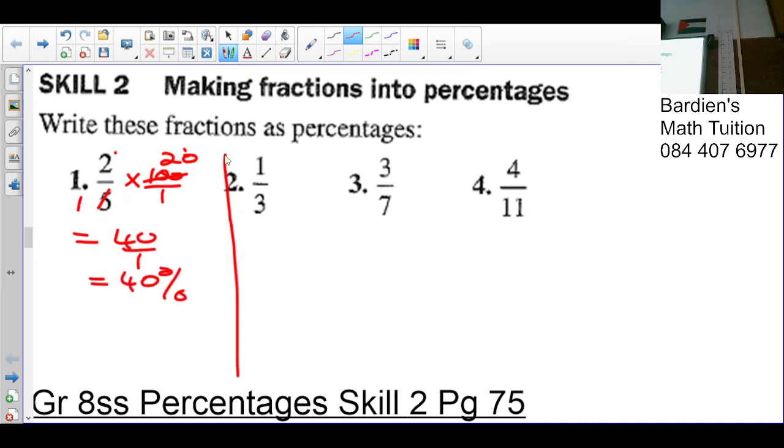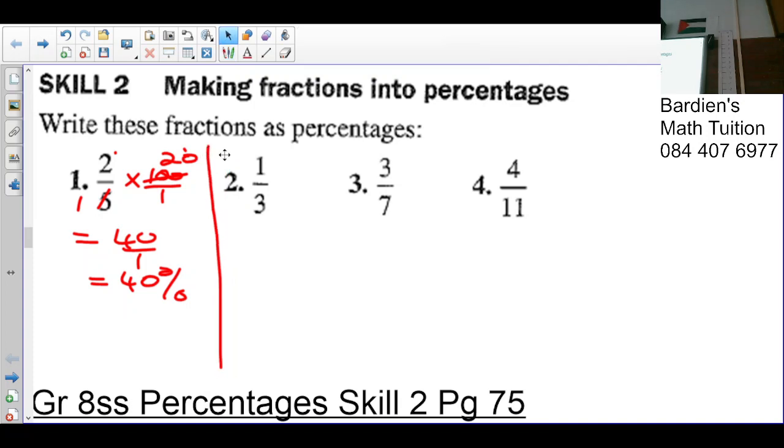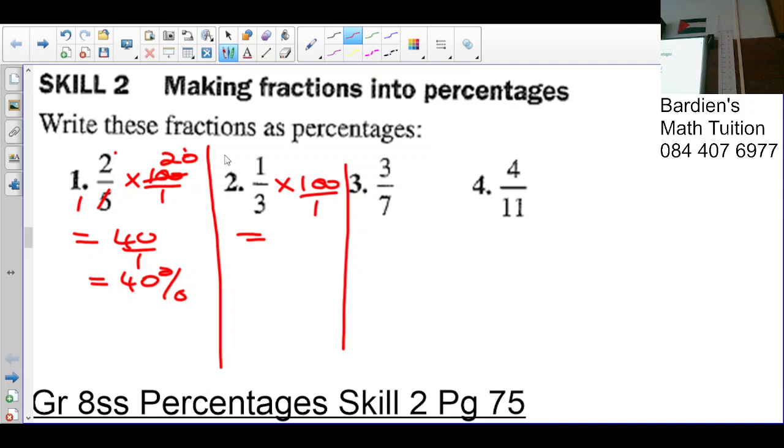You all agree with that? Right. Look at number 2. Again, what must I do with this here? I must multiply it by 100. So 100 over 1. Can anything cancel here? So that would be 100 over 3%. But now, we don't write a percentage like that. So what we do is we change it to a mixed form.